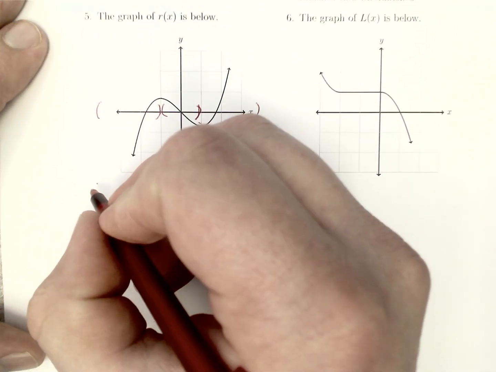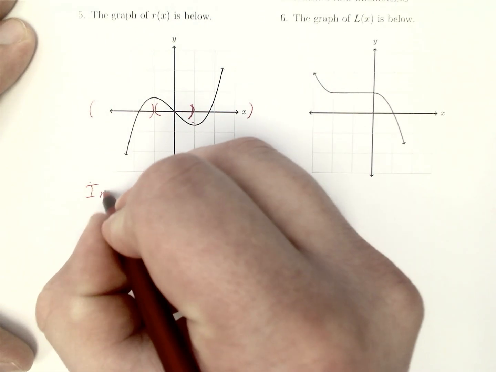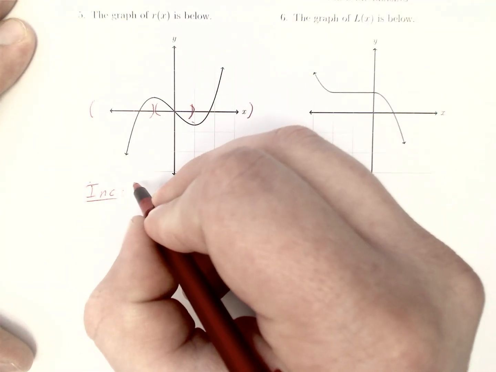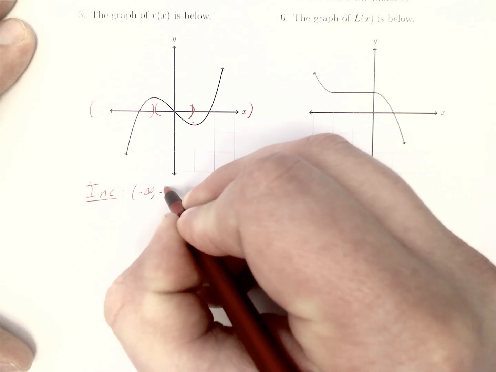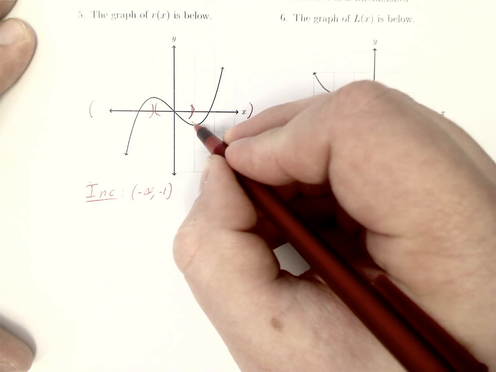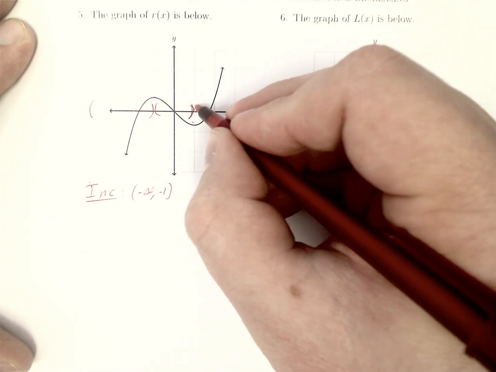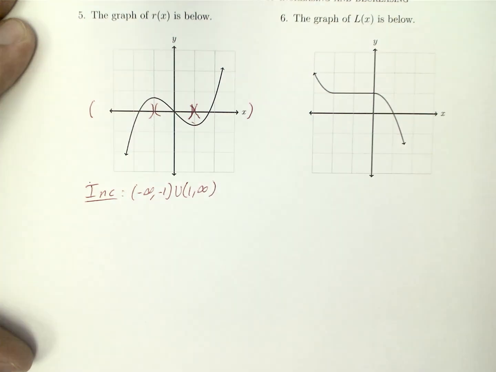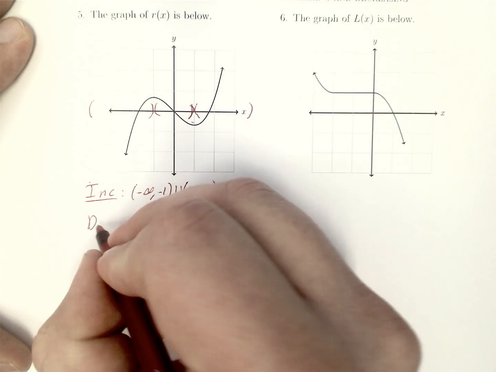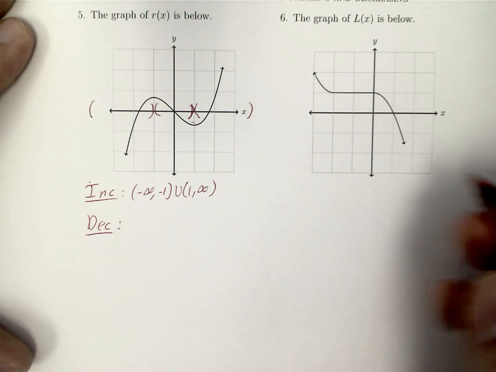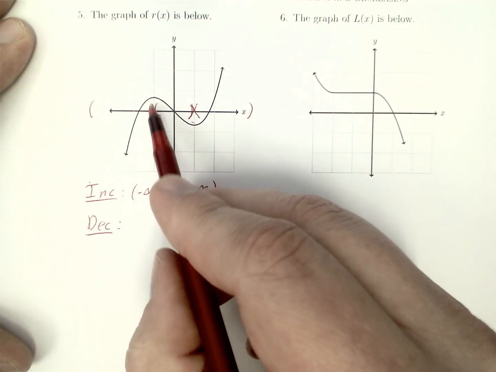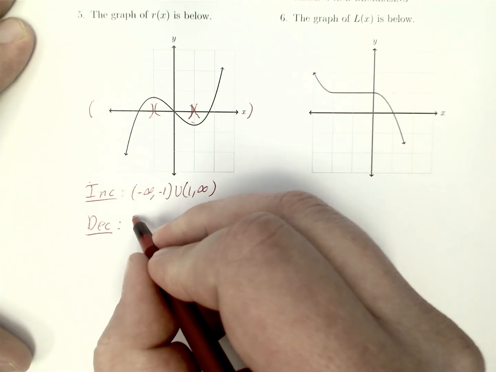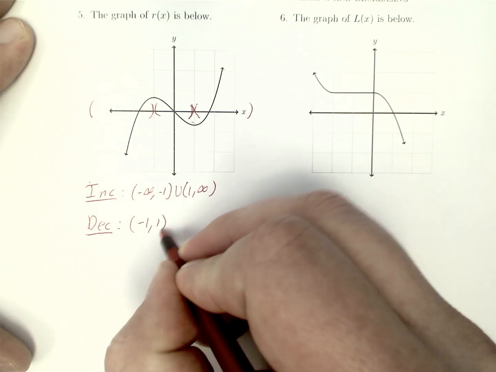So for the interval of increasing, it's increasing from negative infinity up till negative 1. And then we also have increasing from 1 up to infinity. For decreasing, we go from negative 1 to 1, where it's decreasing going from left to right. So negative 1 to 1.